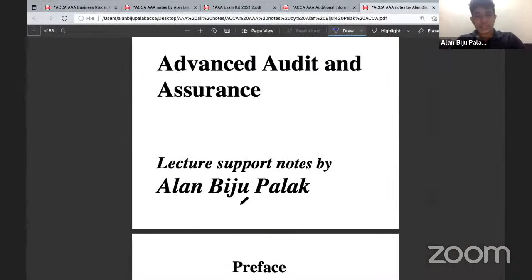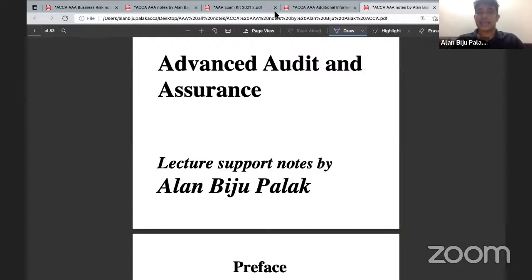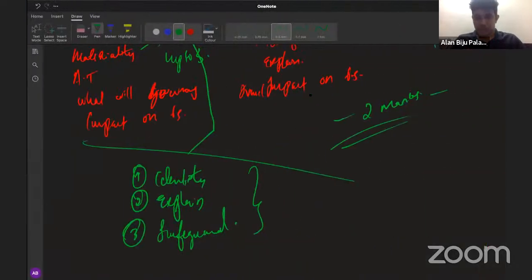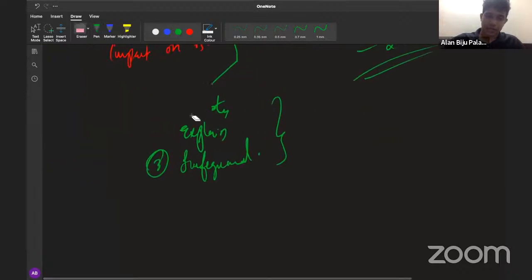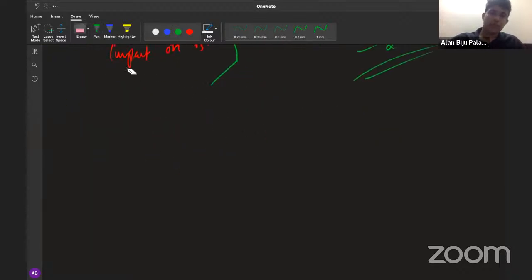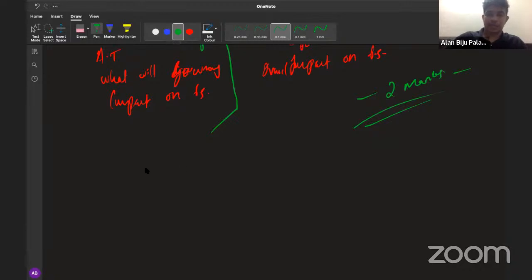All right, so these are the key areas in the 50 marks. We have already discussed the 50 marks areas over a very large span. When it comes to the 50 marks area, we basically have one question on risk, and we have discussed all the risk related scenarios. First will be audit risk.